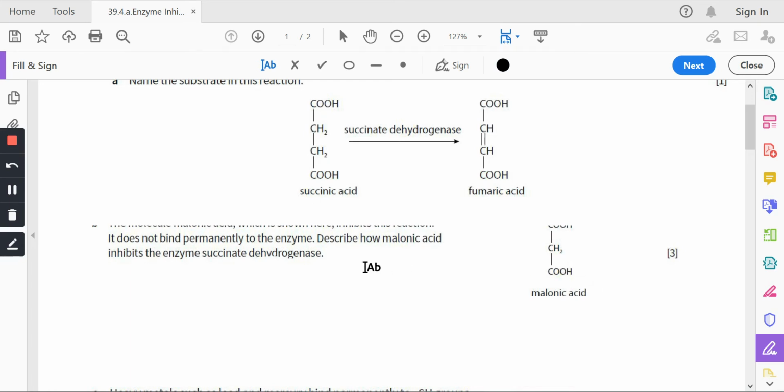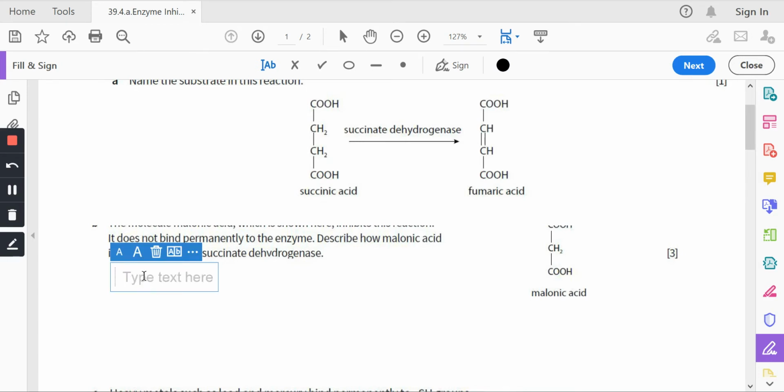So basically in this question I am going to say how malonic acid inhibits succinate dehydrogenase enzyme, that is by binding to its active site. So let's see how to answer this question.